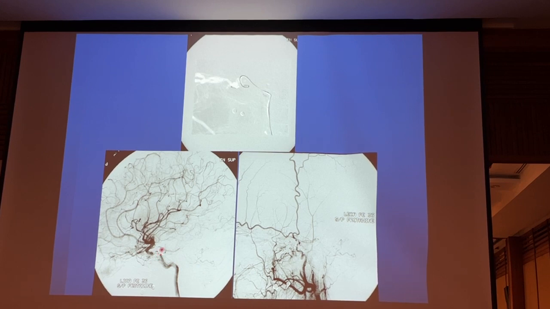I tried to go to the last piece of the cavernous sinus, but the catheter was kicked out. I couldn't get back to this point, and I thought this vein is relatively stagnant, so it would go away.